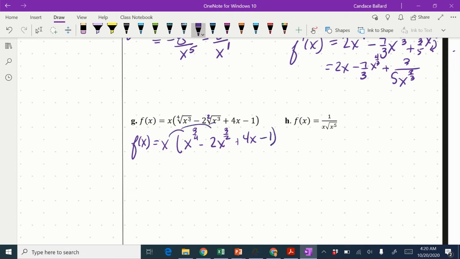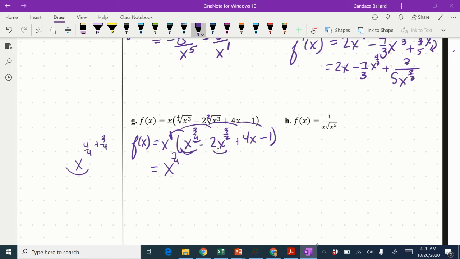Now I need to distribute in that x. So remember, the exponent on this is 1. In order for me to distribute it in, especially to these first two, I would need a common denominator. So the first one, it's going to be x to the 4 over 4, which means I am adding 4 over 4 plus 3 over 4 to get my new exponent, which would be x to the 7 fourths.